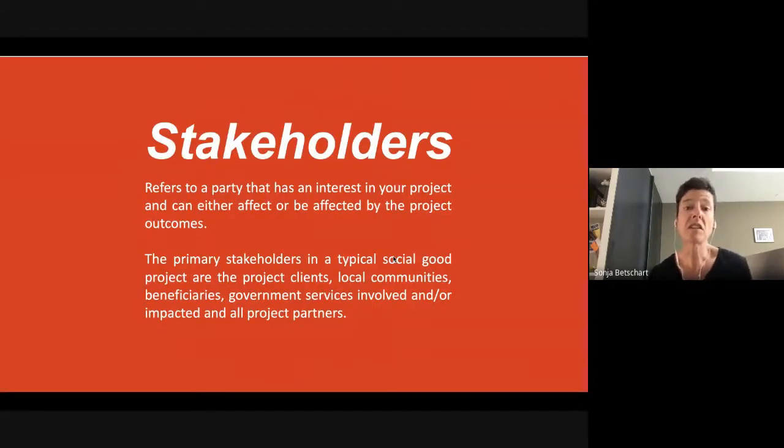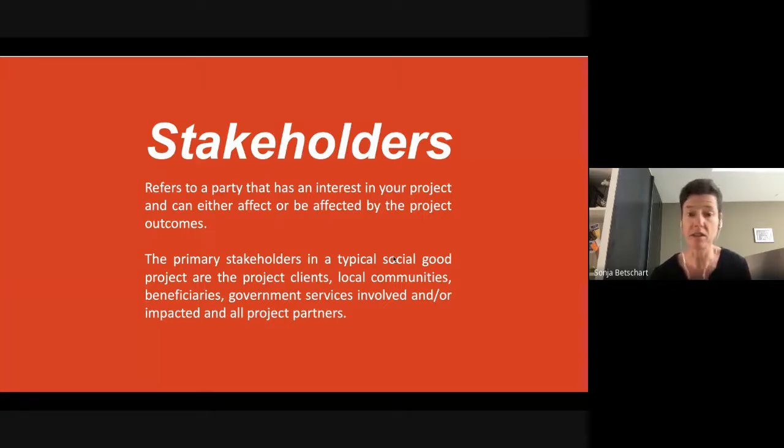So, what does stakeholders refer to? Stakeholders refers to people or parties that have an interest in your work or in your project, and that your project or your work can affect or can be affected by the outcomes. So if you look at, for example, primary stakeholders in a typical social good project like we do with the Flying Labs Network, they are, on the one hand, the project clients, on the other hand, the local communities, the beneficiaries, government services involved, and any other party or group of people who are impacted by the project.